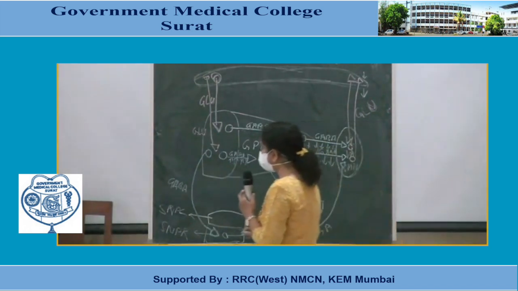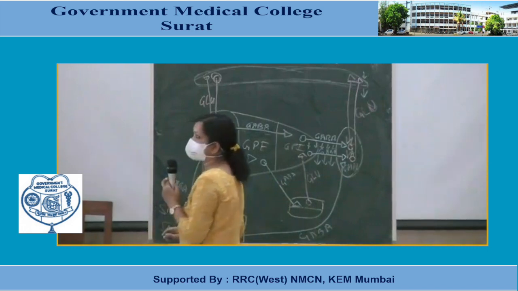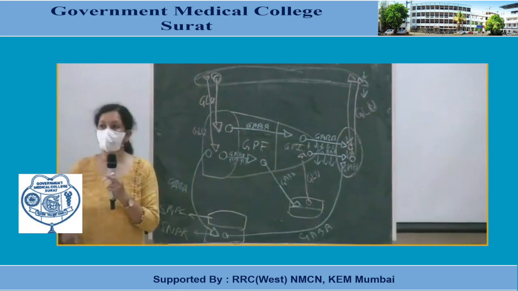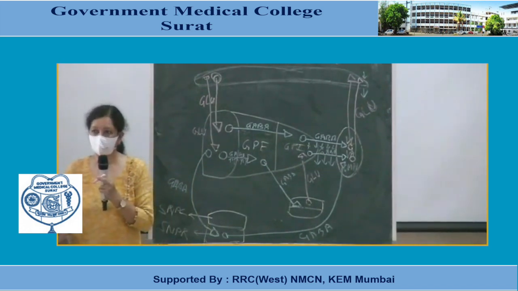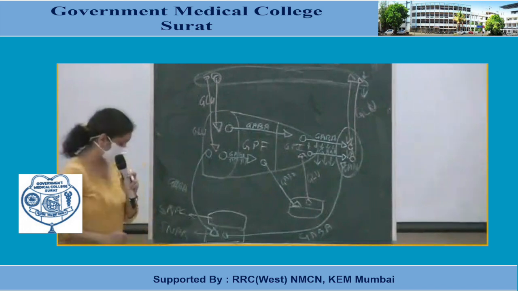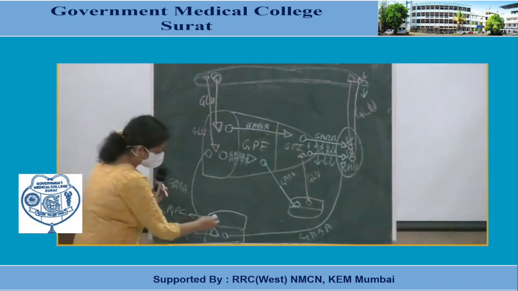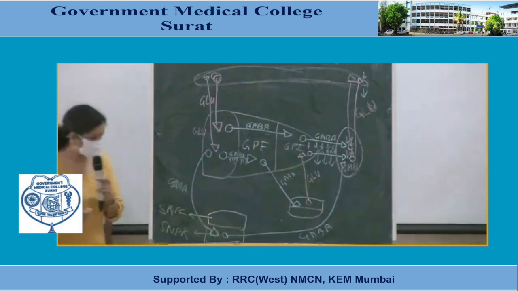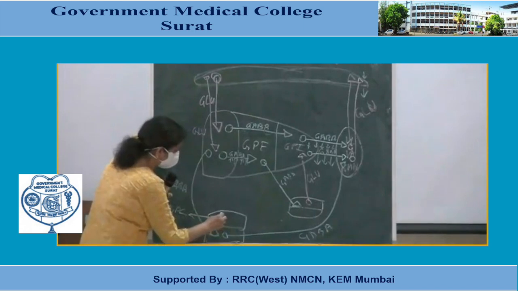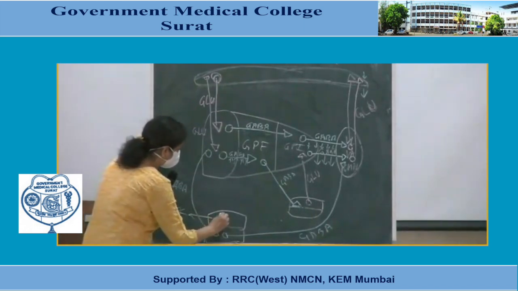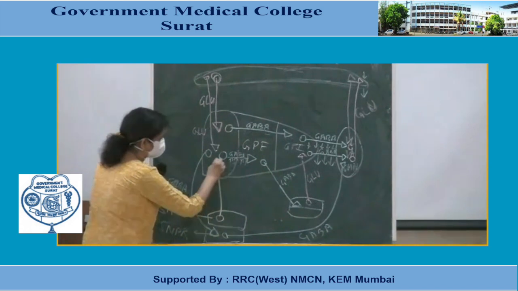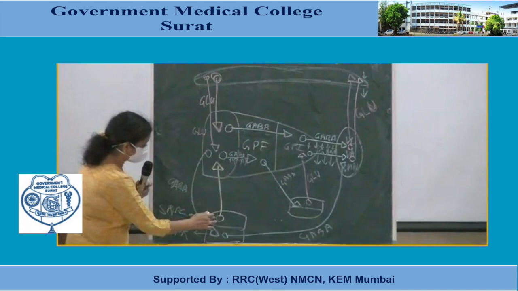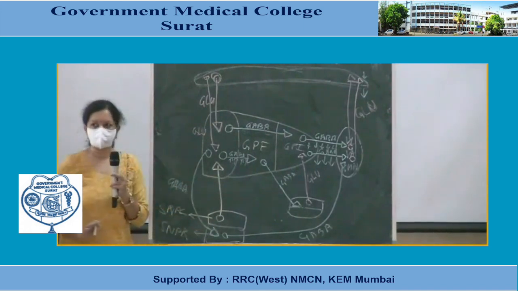Now, there is another type of fibers which originate from the substantia nigra pars compacta region. These fibers are the dopaminergic fibers. These dopaminergic fibers originate in the pars compacta region and terminate in the striatal region. These are the nigrostriatal fibers.